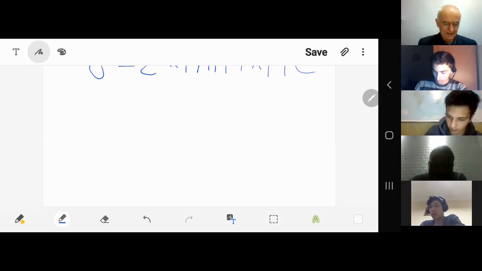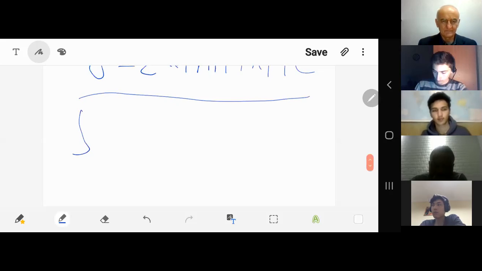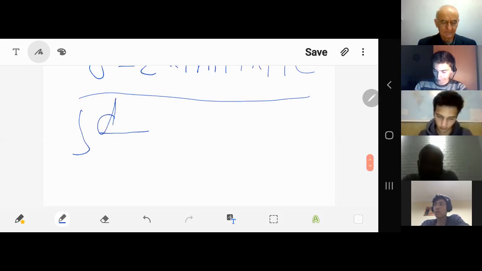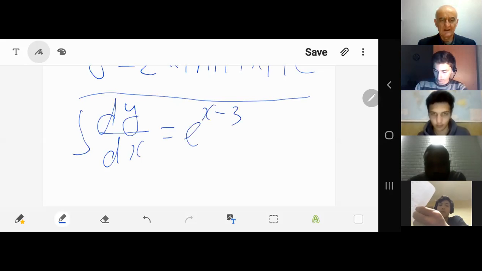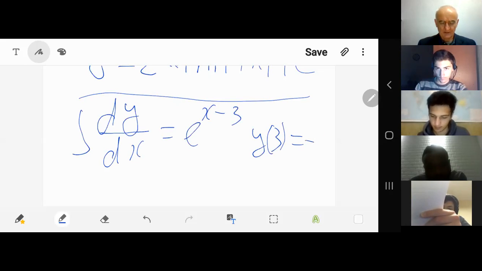This example is dy over dx equals e to the power x minus 3, and y(3) equals minus 5.